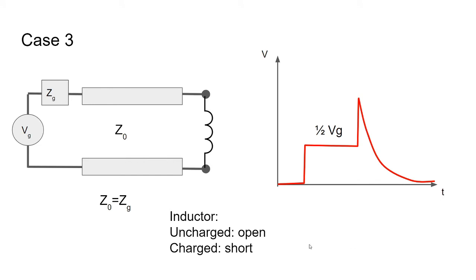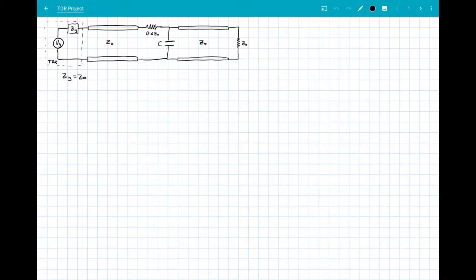In the next part, we're going to be going into a more complex example and going into all the mathematics behind what we should be seeing in a TDR. So in this part, we have a TDR on this end right here, and then we have this complex circuitry on the other side. We have a transmission line, some circuitry right here, which is a capacitor and a resistor, and then we have another transmission line and another impedance on the other side.